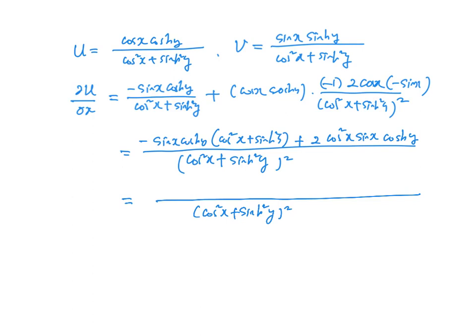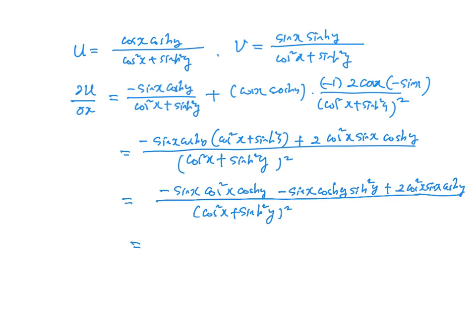The first term is minus sine x cosine square x cosine hyperbolic y, minus sine x cosine hyperbolic y sine hyperbolic square y, plus 2 cosine square x sine x cosine hyperbolic y.